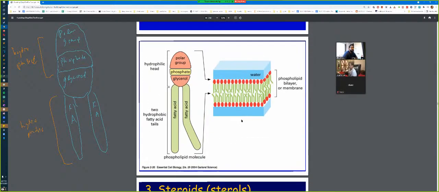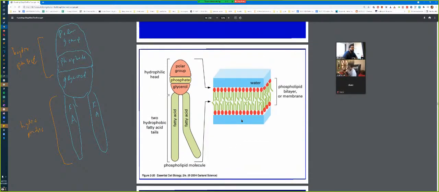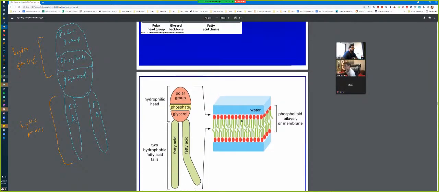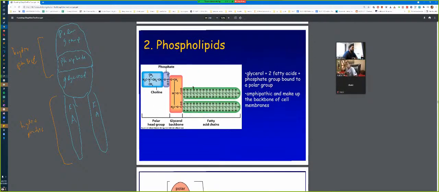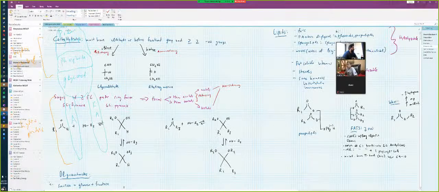So should I write for phospholipids to start off with before I draw that? Oh, just that it's this kind of structure, like when I went over it here. It's essentially the same thing as a fat.